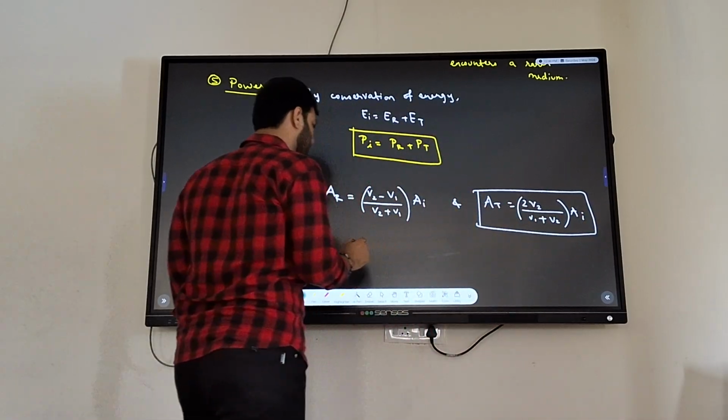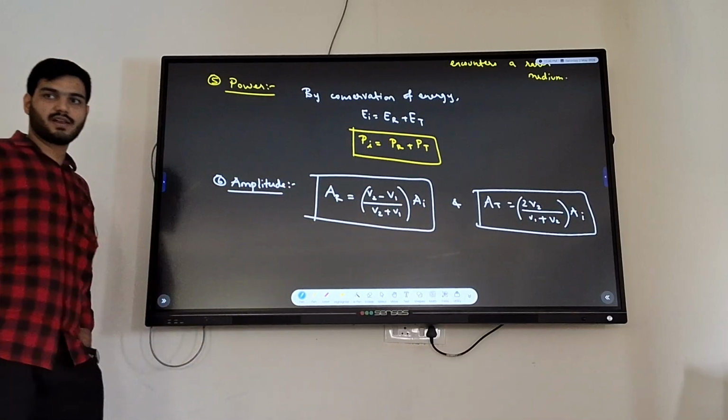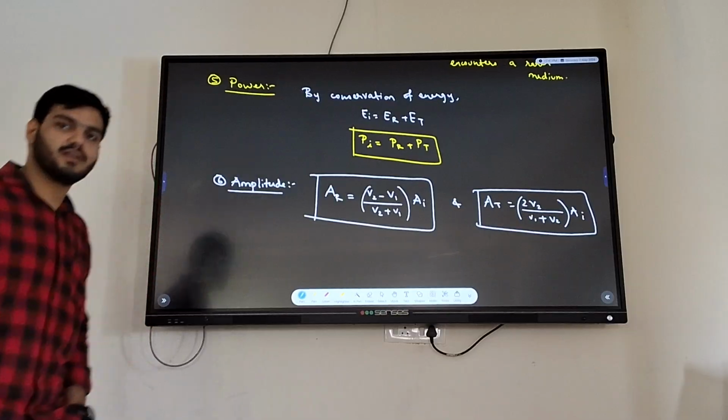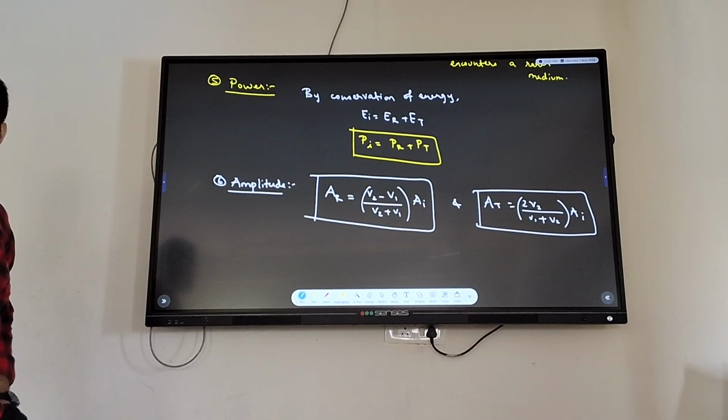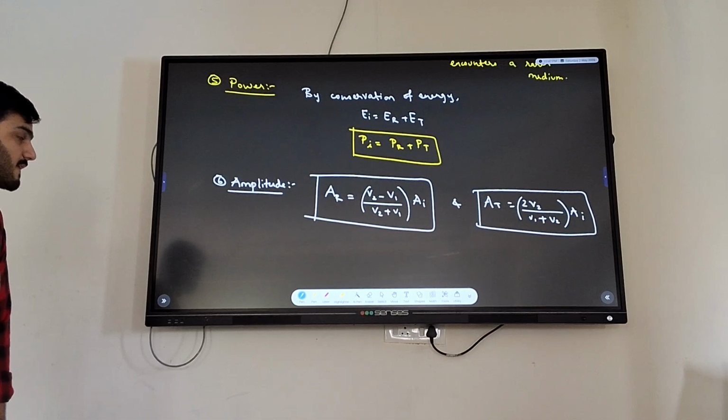That's the amplitude of the incident wave, and Ar and At respectively for reflected and transmitted. What about V1 and V2? Those are the speeds of the wave in medium 1 and medium 2. You have to follow this formula.